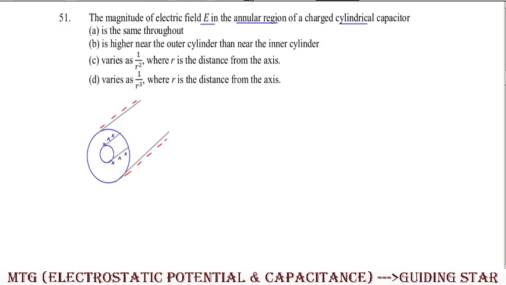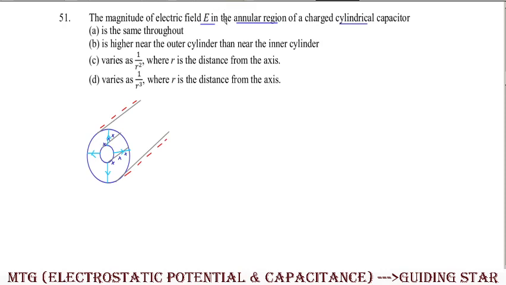So that means over here what we can say, the field will be from the positively charged cylinder to the negatively charged one, clear. That means from the inner cylinder to the outer cylinder. So this is how the electric field lines will be inside the given cylinder.